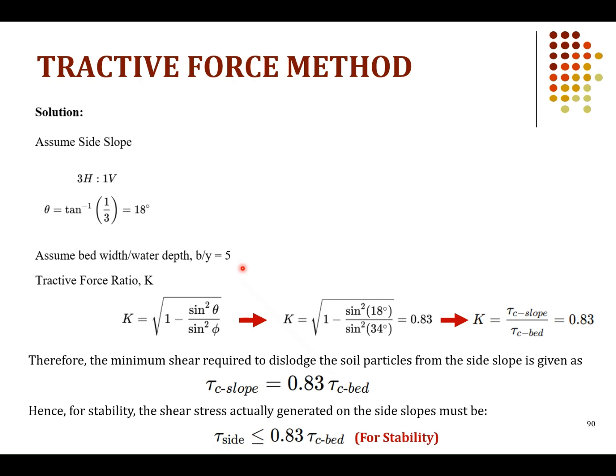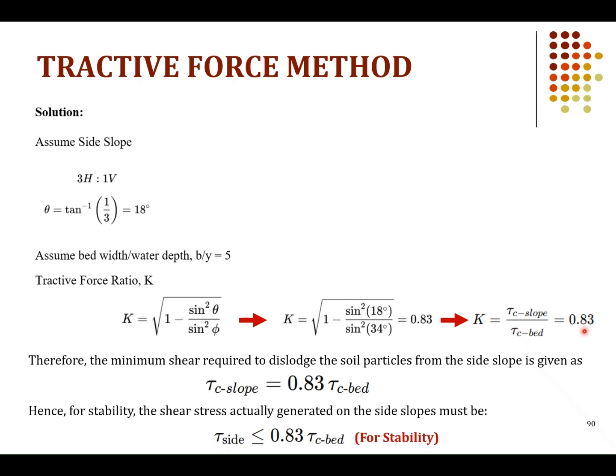So the first thing I want to calculate is the tractive force ratio K. The formula was given, and this theta is the angle of the side slope right here, 18, and this is the angle of repose, 34 degrees. You solve it, you get 0.83. By definition, this K is the ratio between the critical tractive force of the side slope to the critical tractive force of the bed.